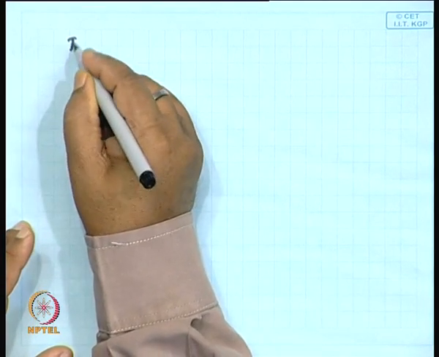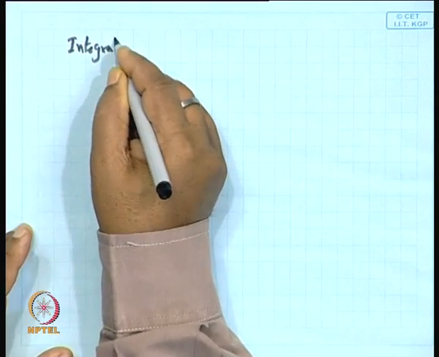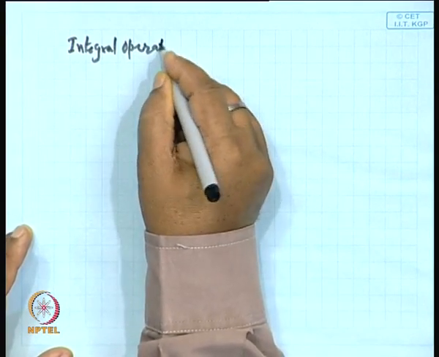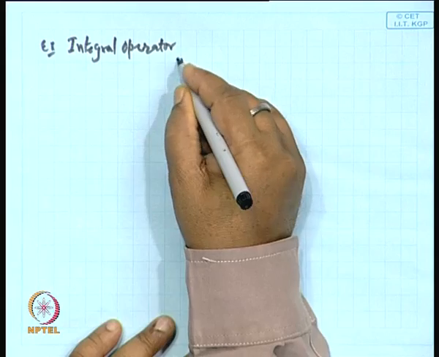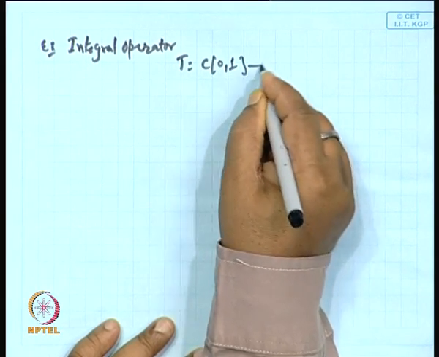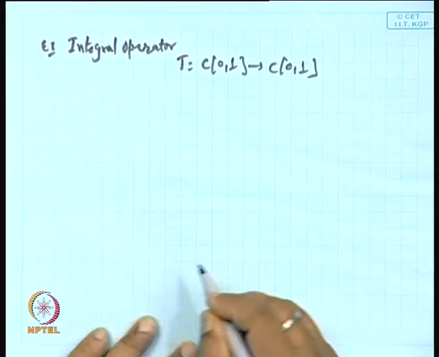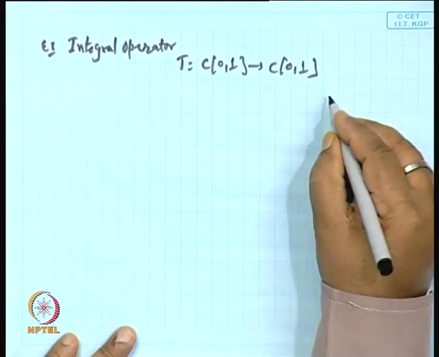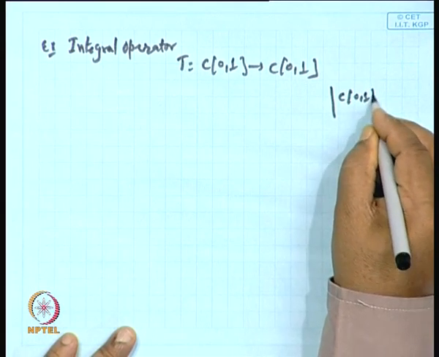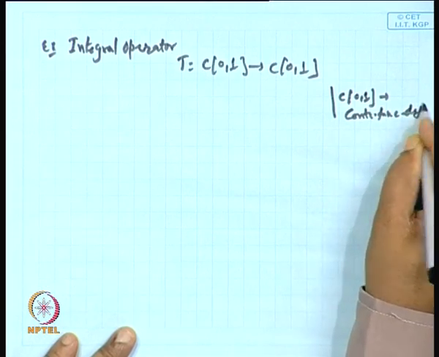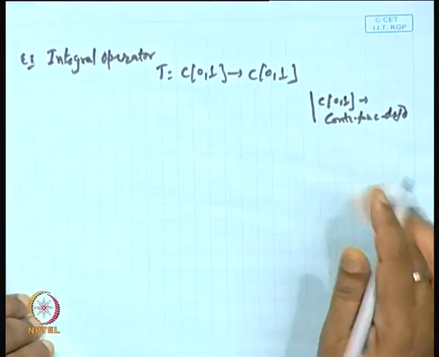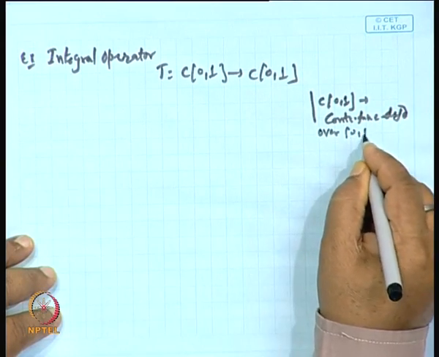Okay. So, we have also come across the integral operator. What is that integral operator? Suppose T is an operator from C[0,1] to C[0,1], where C[0,1] is the set of all continuous functions defined over the closed interval 0 1.